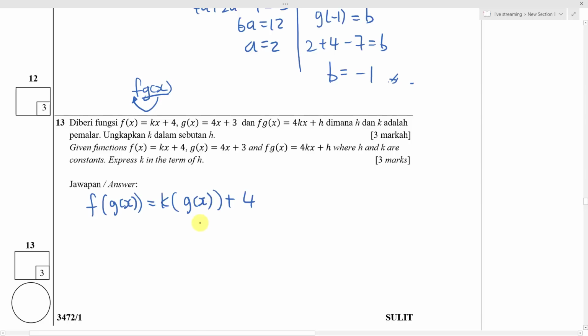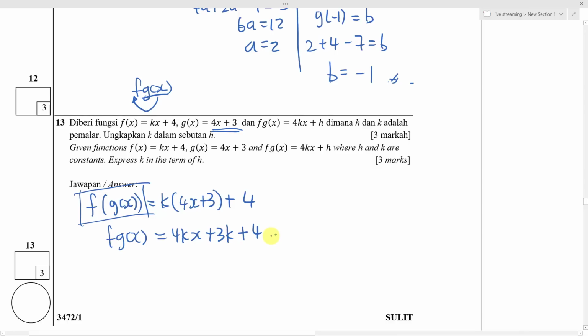But on the other side of the equation, we don't write the gx, because here we got fgx, which is what we want, I just write fgx. On the other side, we insert the equation of gx, which is 4x plus 3. So over here, you should get 4kx plus 3k plus 4.